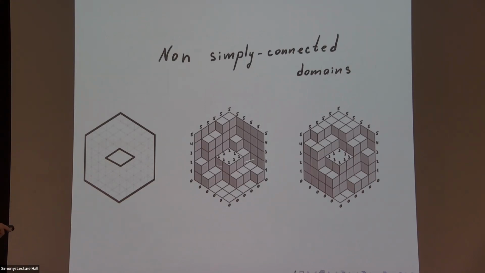And this is the same for these two pictures, which are just two different Lozenge tiling configurations of this domain with the hole. However, if I think about the height on the inner boundary, then it is different, right? Here it is just 2, and here it's 3.